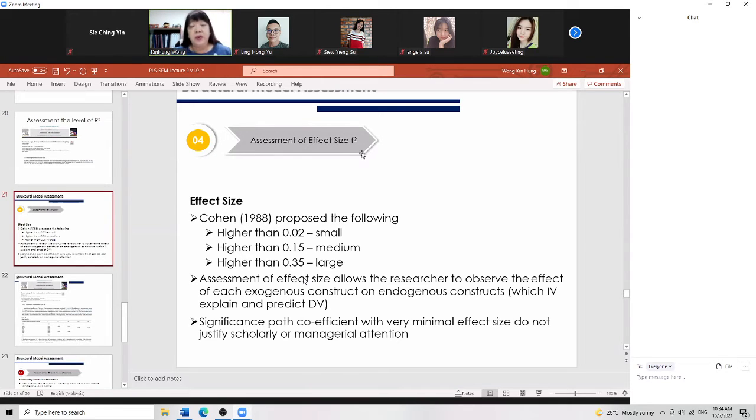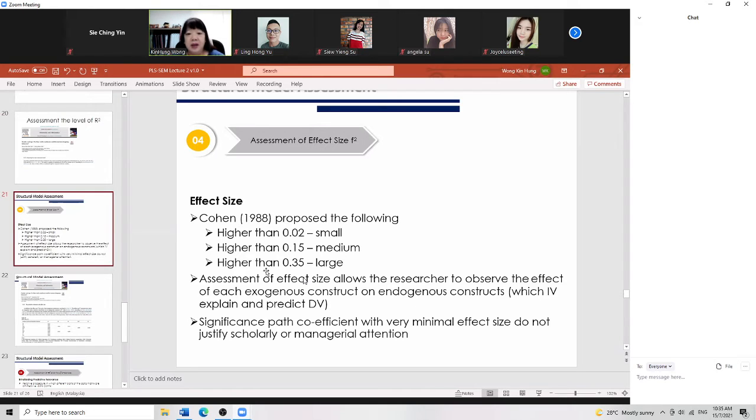So this one, F2, is the effect size. Cohen 1988 proposed the following: higher than 0.02 is considered small effect. Higher than 0.15 is medium. Higher than 0.35 is large. So this is the assessment of effect size. This allows the researcher to observe the effects of each exogenous construct on the endogenous construct, which IV explains and predicts the DV better, okay.